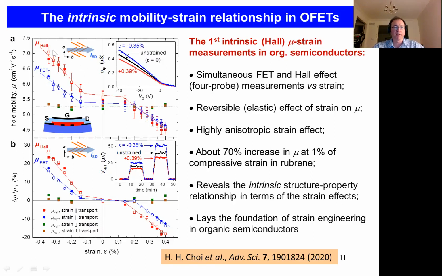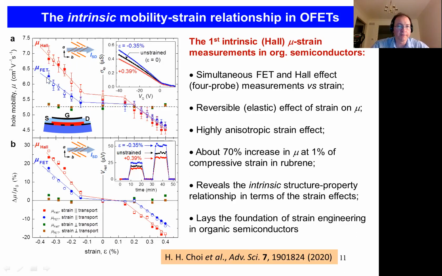And the strain is applied either in this direction or the perpendicular one. The red and blue data points correspond to the Hall mobility and the FET mobility. And you can see that there's a large anisotropy of the effect. When the strain is along this high mobility transport direction, you can see a large modulation shown here by the red and blue data points.